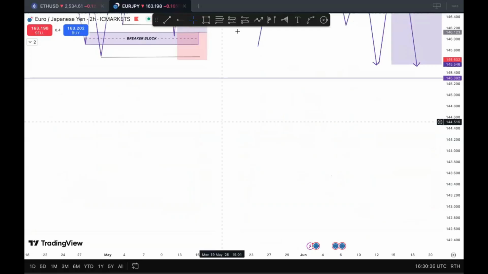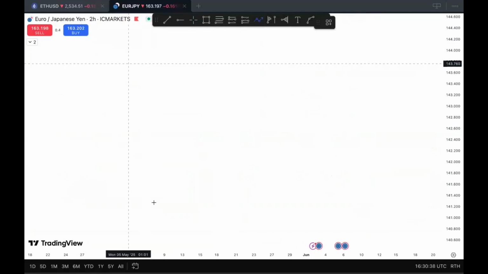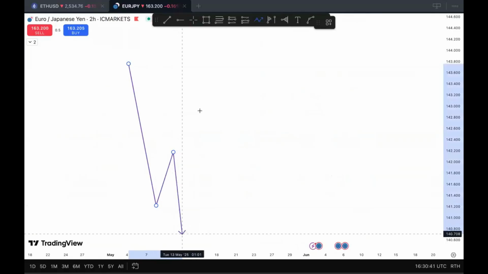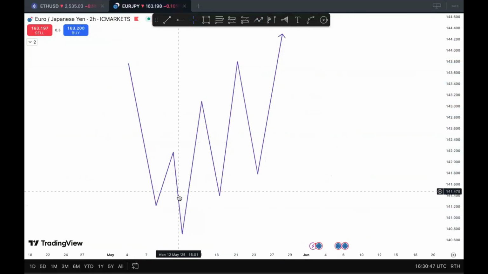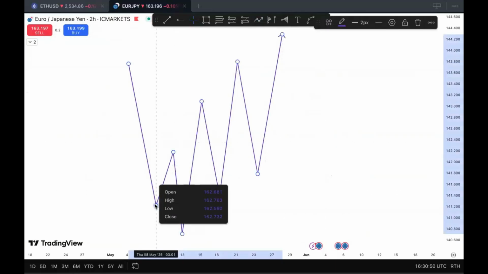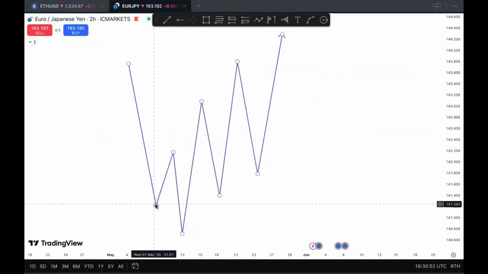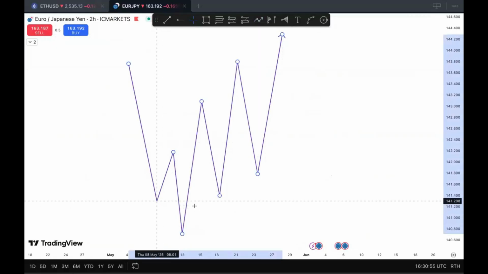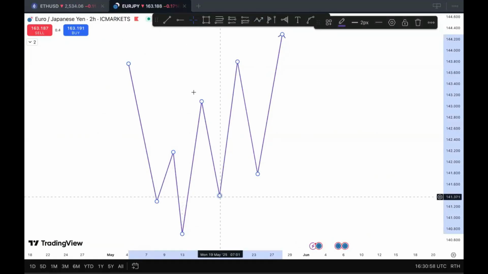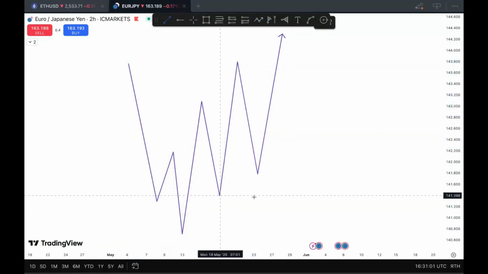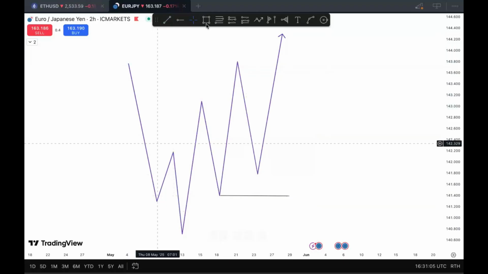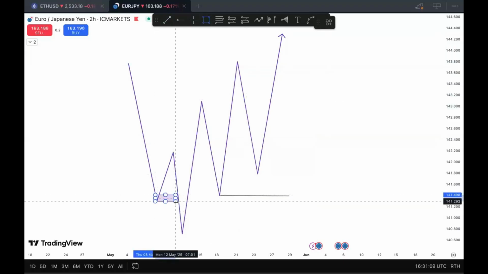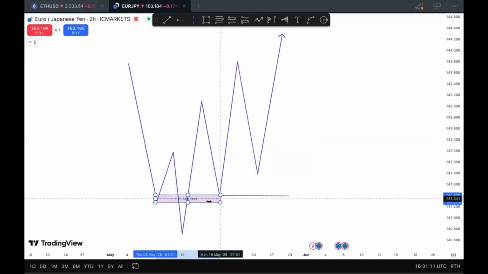In a structure, if you have the last break of structure very close to the structural liquidity, which is this, you don't take the breaker block as your POI, because it has been taken already by the structural liquidity.